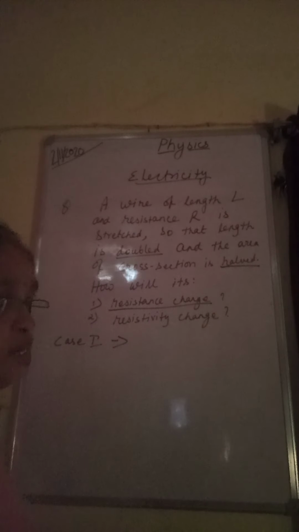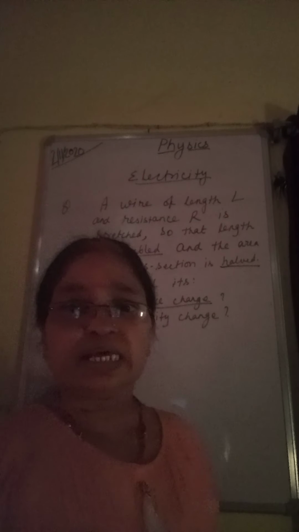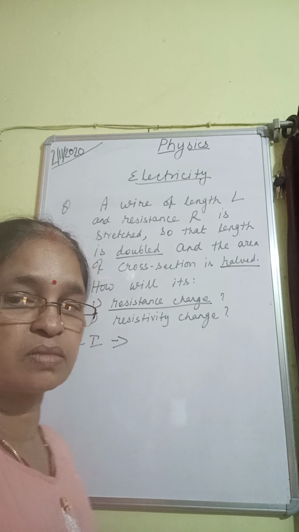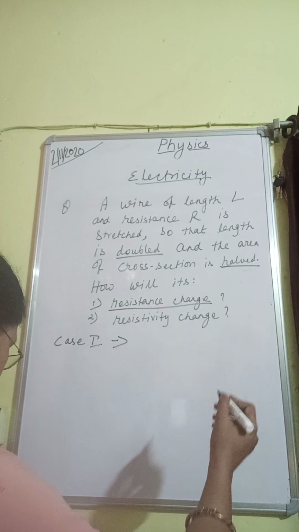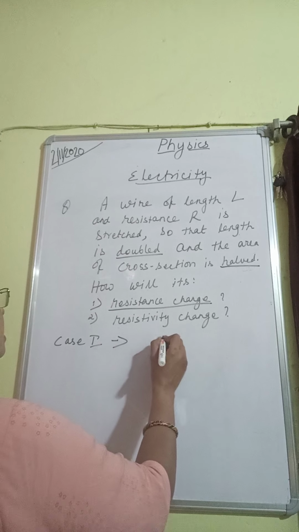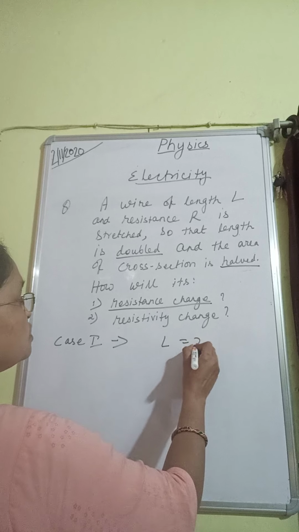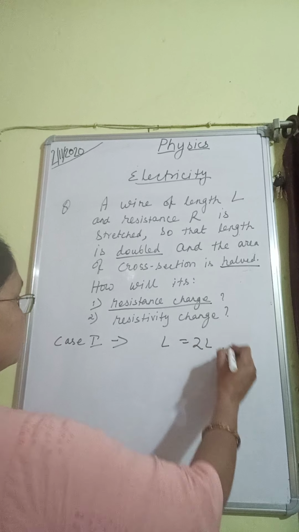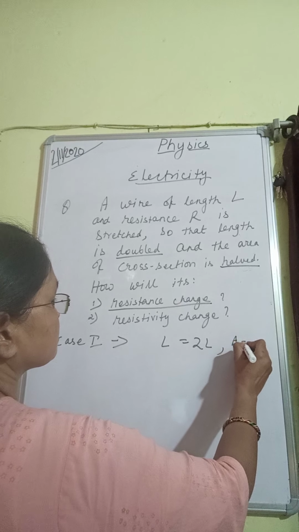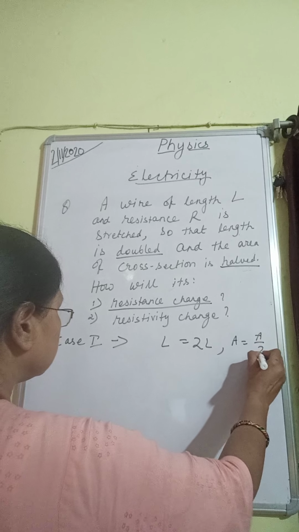length double. As the length is doubled, we write this as, for L it is 2L and for area it is A by 2.